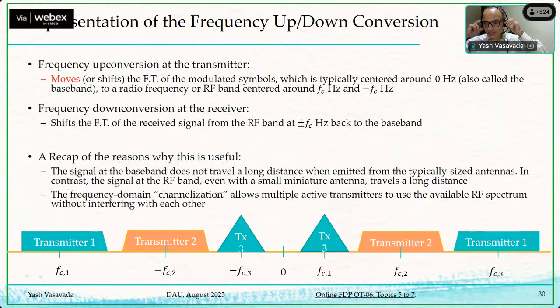So while you are listening to station 1, you don't worry about station 2 or station 3 because their spectrum doesn't overlap with station 1. So that is another reason why this operation is very useful.